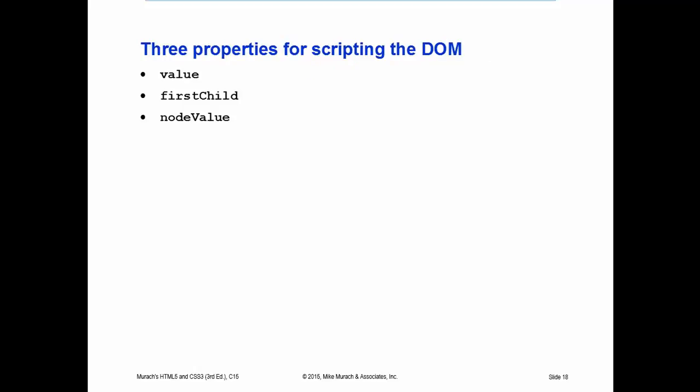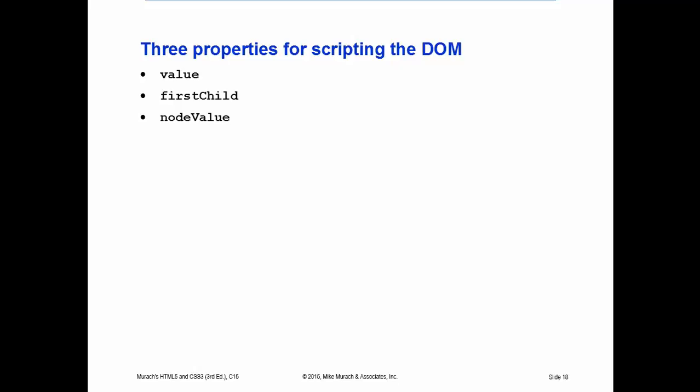Now, there's a lot of different DOM properties that you can use. Three of them are shown down toward the bottom of page 505. The first one is the value property, which typically, as it says, for something like a text box, it will either get or set the value of an element. Well, what's the difference? If it's on the left-hand side of an equal sign, it's setting the value.